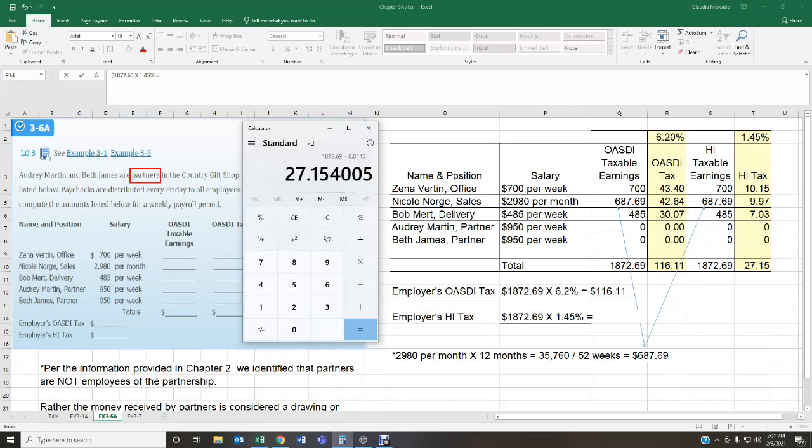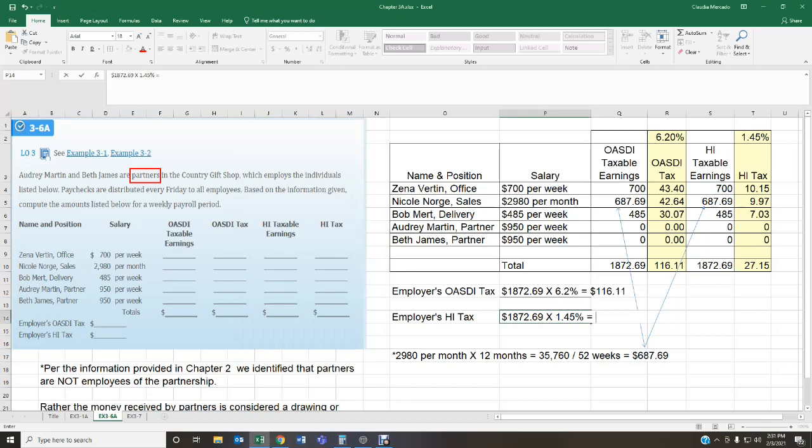Because that's a 4, I'm going to keep the 5 as is, so it'll be 27.15. So that is the amount that the employer has to contribute for the OASDI and the HI tax, based on the weekly earnings of $1,872.69.